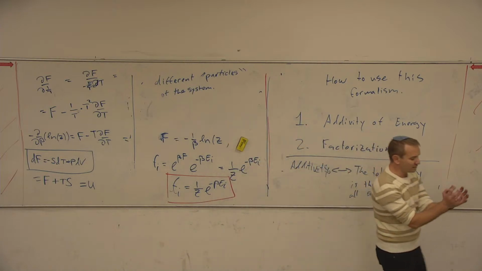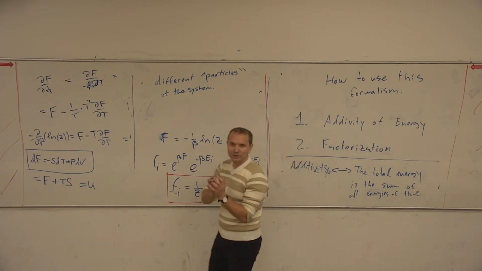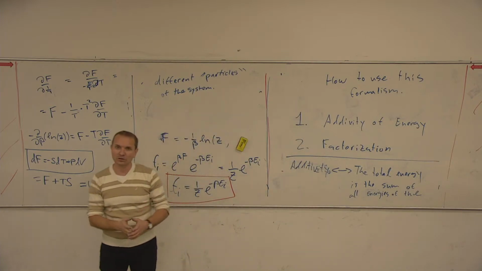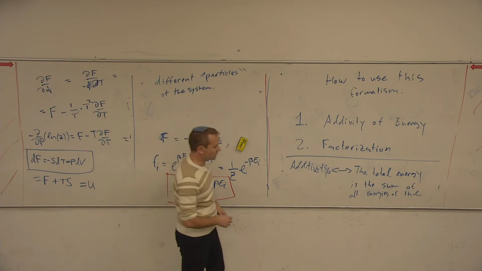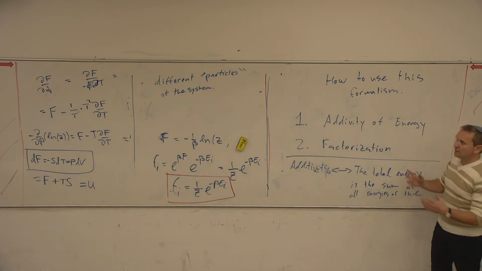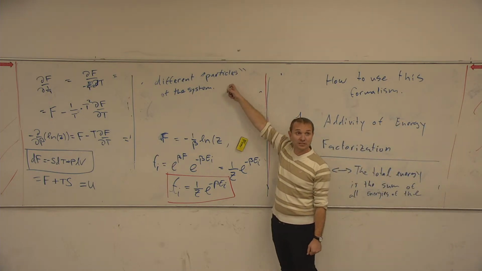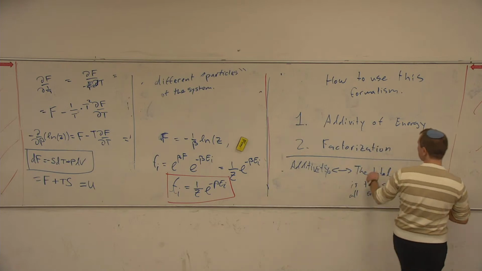Particles are not always those small balls with masses. Particles sometimes are going to be groups of particles, or specific waves, or specific interactions, or specific degrees of freedom. Those are the different particles, and we want to use different representations for different systems. So this is additivity, and we need this.